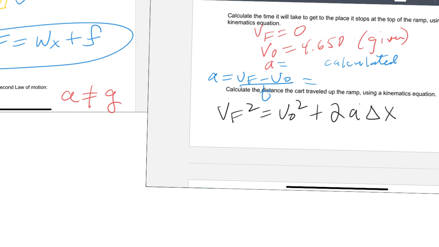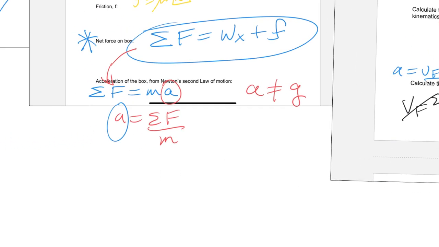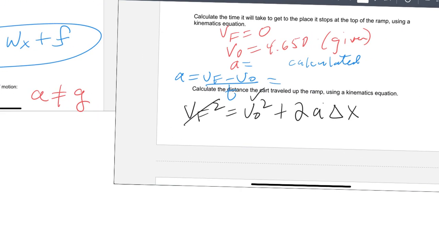Okay? Vf squared is 0. So Vo squared is given. Sorry, I'm just going to backtrack a little bit here. We're solving for time up there. I'm sorry, I forgot that. We're solving for time up there.